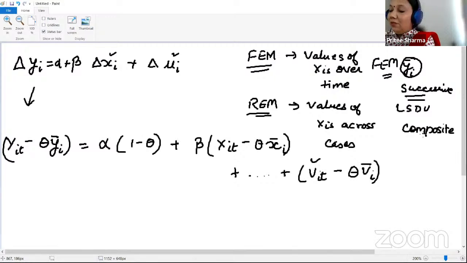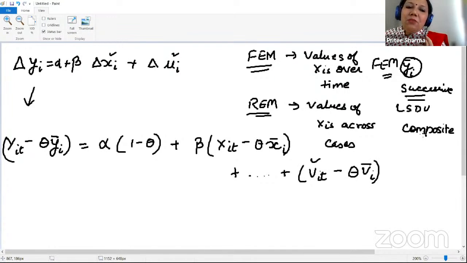What is not correlated in random effect model? We have to see that there is no correlation between xi and alpha.